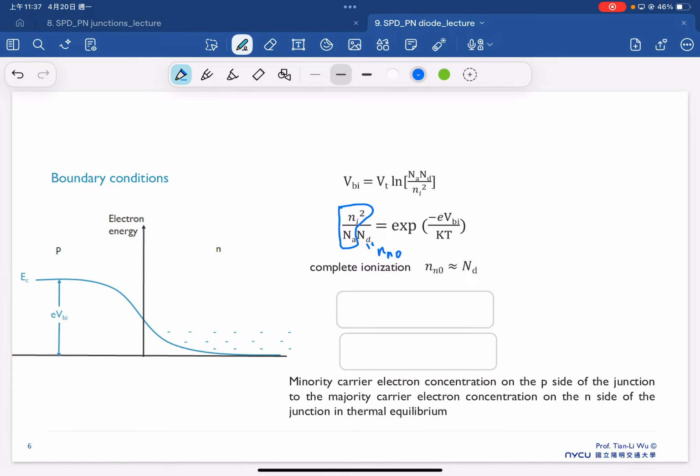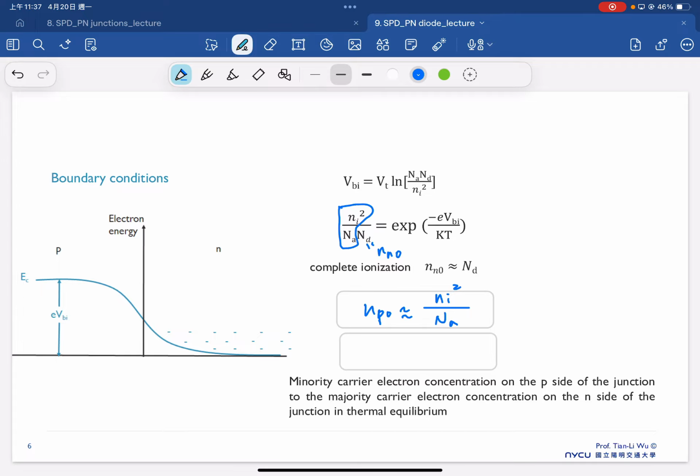Because we consider complete ionization here, NP0 can be approximated as Ni squared over NA here.